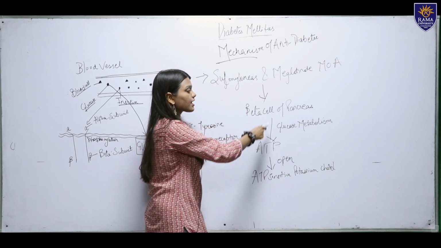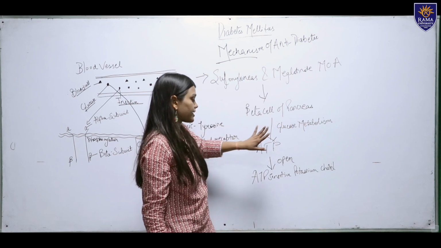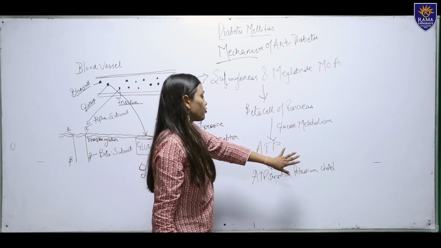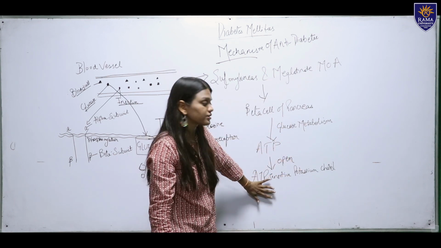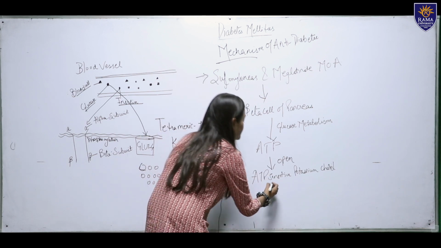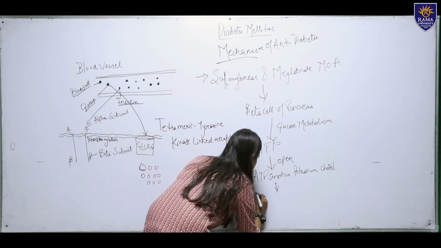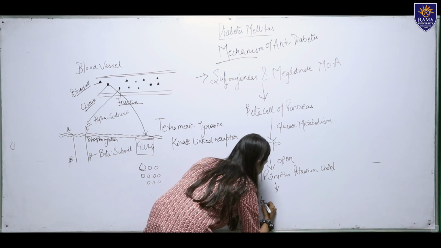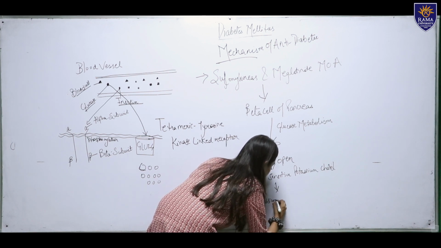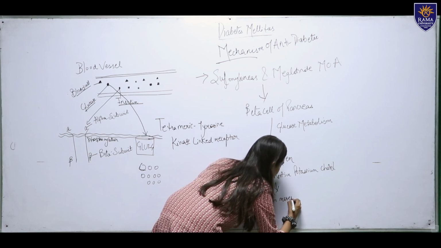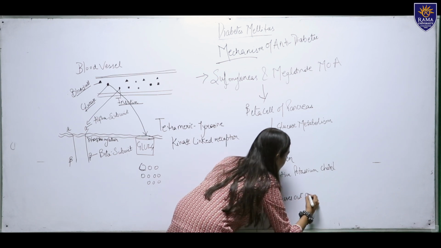Beta cells of the pancreas, after glucose metabolism, produce ATP. These ATP open the ATP-sensitive potassium channels, from which potassium moves out of the cell.